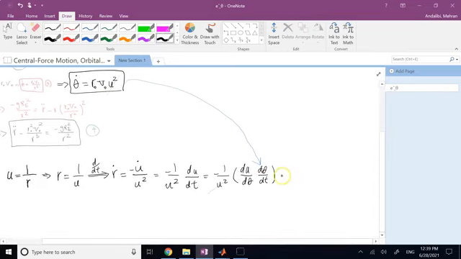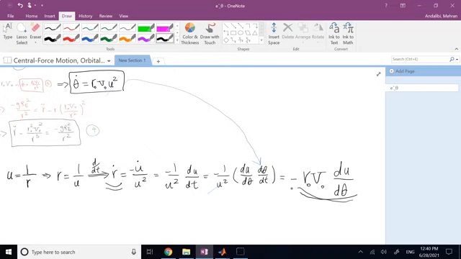You will get negative R naught V naught times what? Du over d theta. This guy is going to be equal to R dot. You see, so my R dot term is now getting a simpler form.